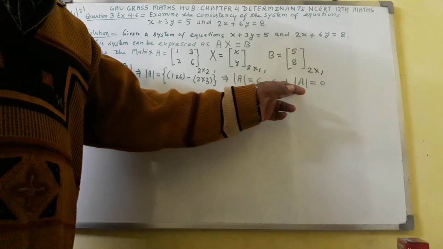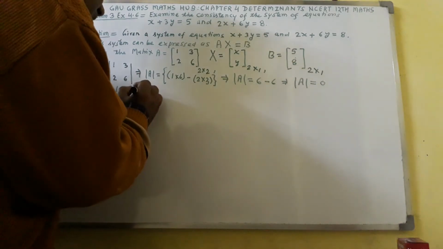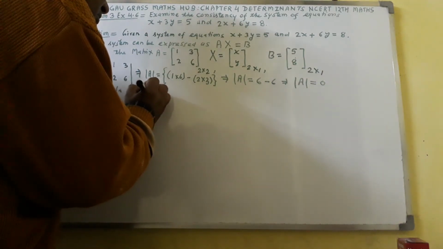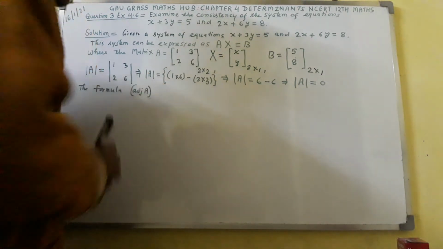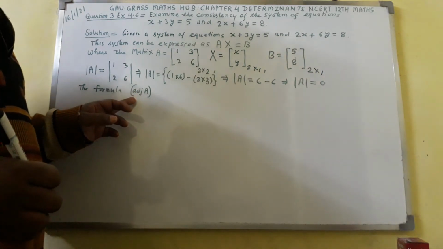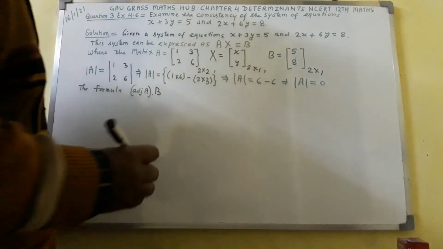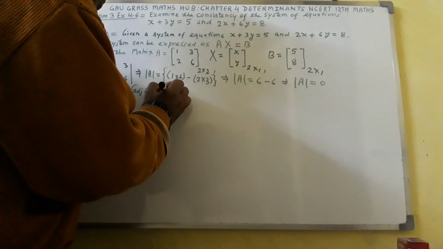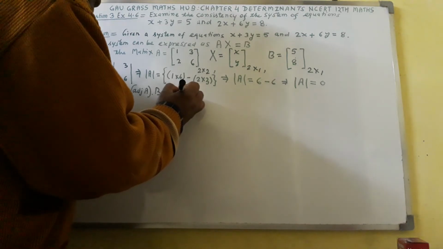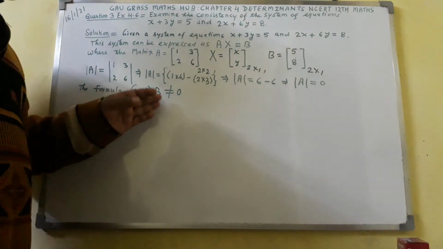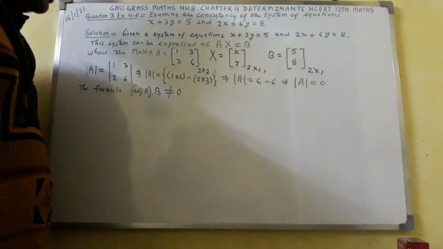Since determinant of matrix A comes out to be 0, in this case we will find adjoint of matrix A. Adjoint of matrix A multiplied to matrix B comes out to not equal to 0, then see the result what will happen.